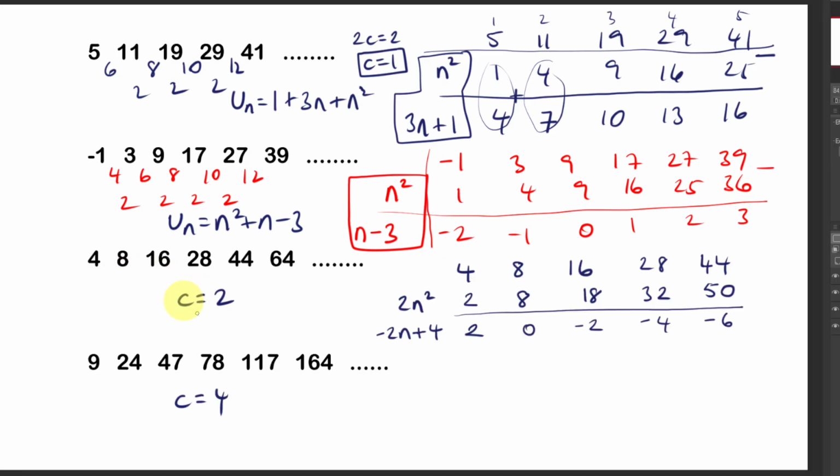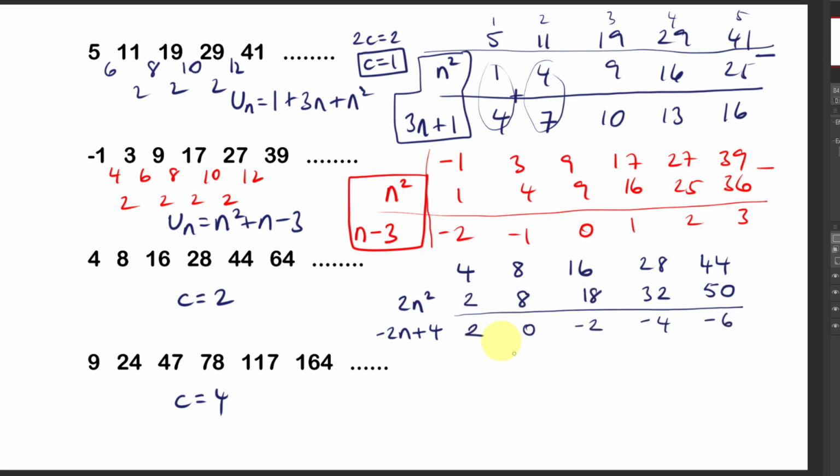So in this question you should have found c equals 2 like we did before. So write out the sequence, and this time we need to use 2n squared. Instead of n squared, so here were the n squared numbers, 1, 4, 9, 16, 25, you just need to double those. Remember you do the n squared first and then you times by 2. So we have these numbers, and when you subtract them you get this.